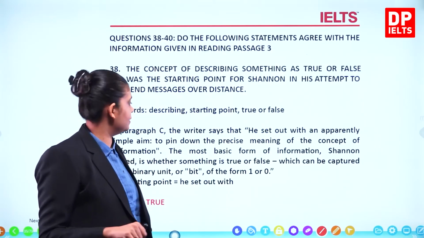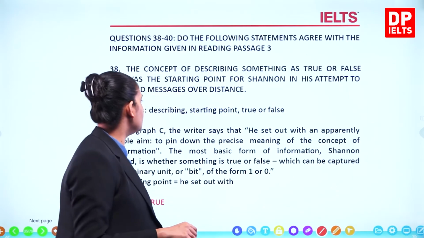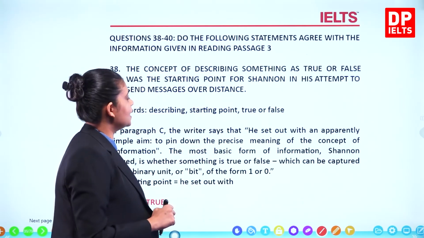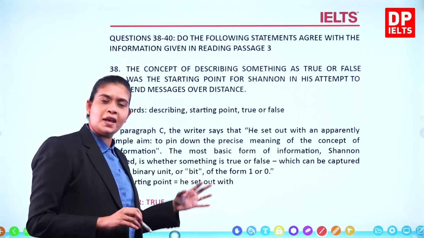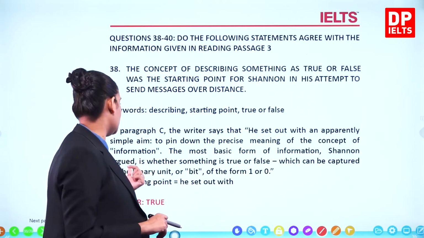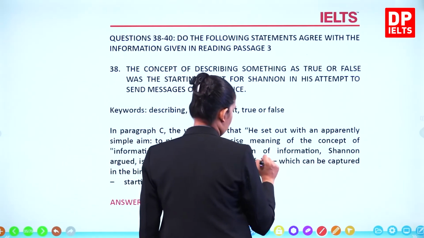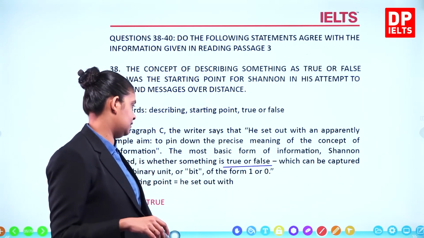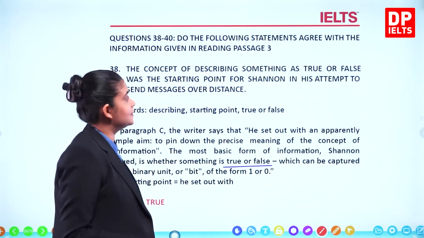Let's go to para C. The writer says he set out with an apparently simple aim to pin down the precise meaning of the concept of information. The most basic form of information, Shannon argued, is whether something is true or false, which can be captured in the binary unit or bit. So I think this is true, right?